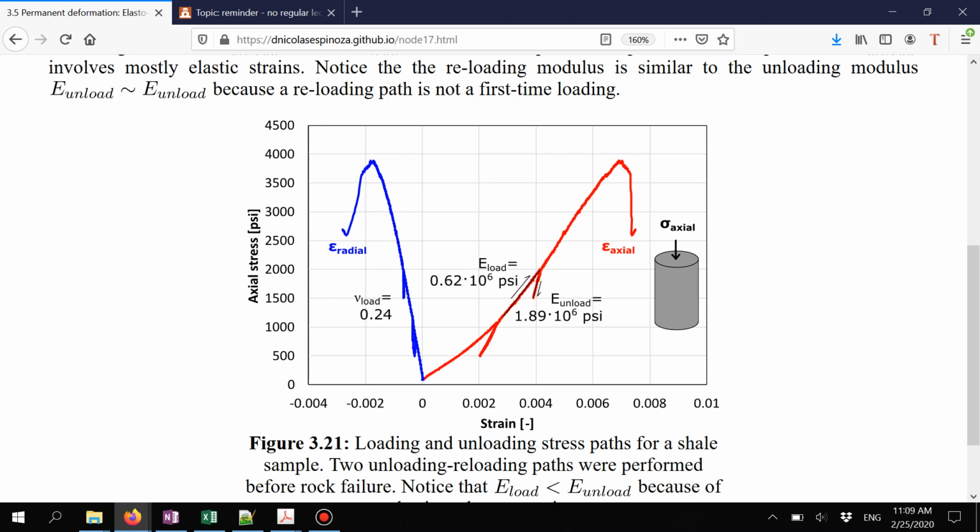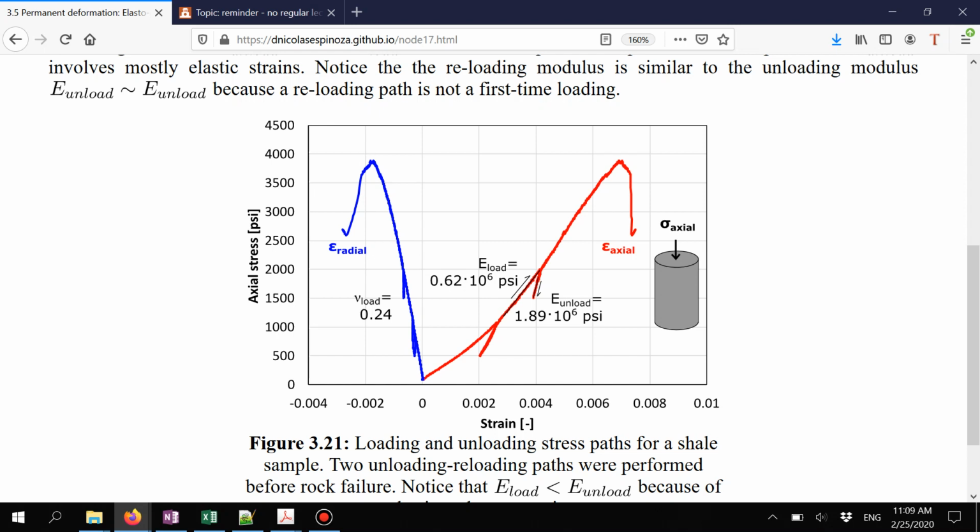Whenever the strains are relatively high in magnitude, like for example a few thousandths or close to 1%, as you get in this particular test, your sample is going to experience irrecoverable strains. And when those irrecoverable strains add up to the elastic strains, they are going to make your rock look as if it were softer.